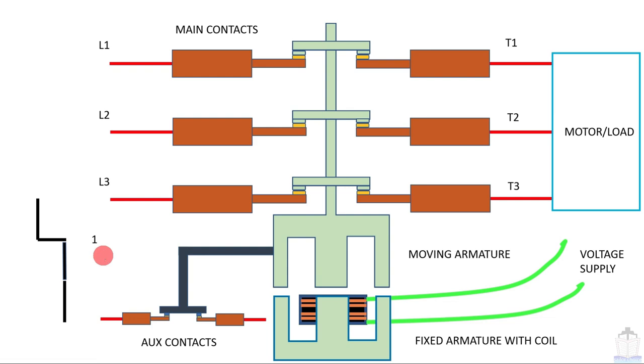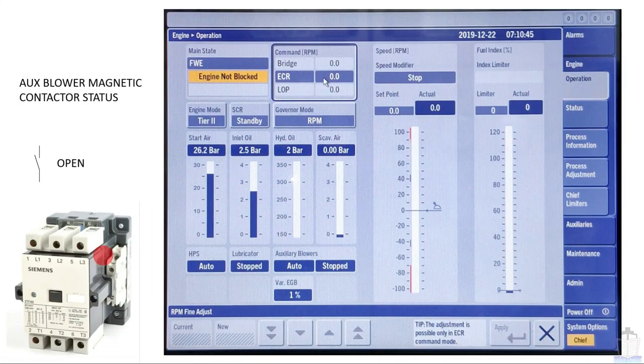Now we will see some examples from the MOP screen. So here this is the same magnetic contactor. This magnetic contactor is from the auxiliary blower. Here you can see that presently this is open, so it is showing a stop condition.